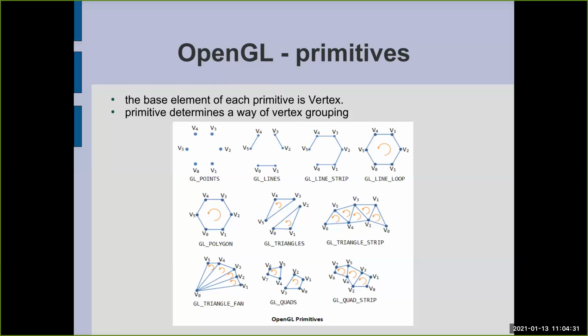There are no arcs or any curves. Everything is defined using straight lines. So it means that to achieve a smooth, rounded surface, you have to use a lot of vertices and approximate it by short straight lines.